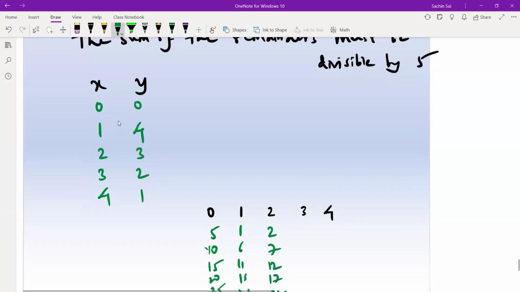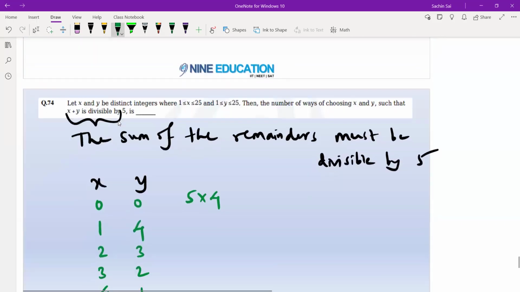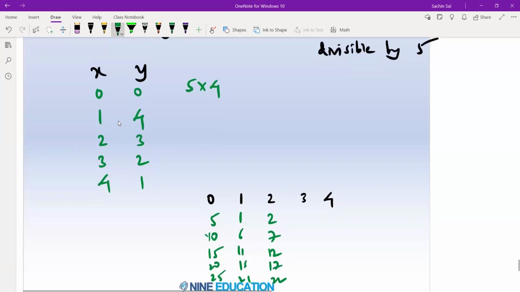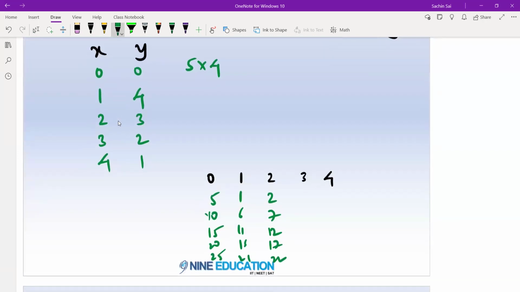So to select X and Y from the first group, the number of ways is 5 into 4. It is not 5C2, is it? It is not 5C2 because X and Y are different. X and Y are distinct integers. So X can be chosen in 5 ways, Y can be chosen in 4 ways, right?